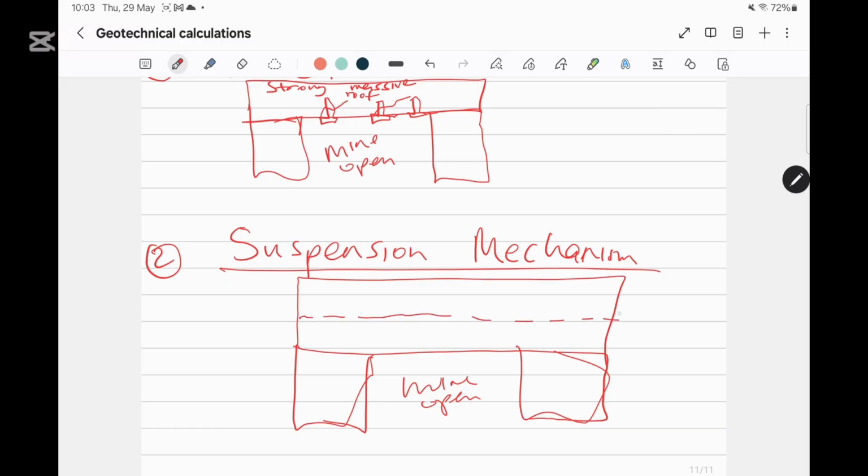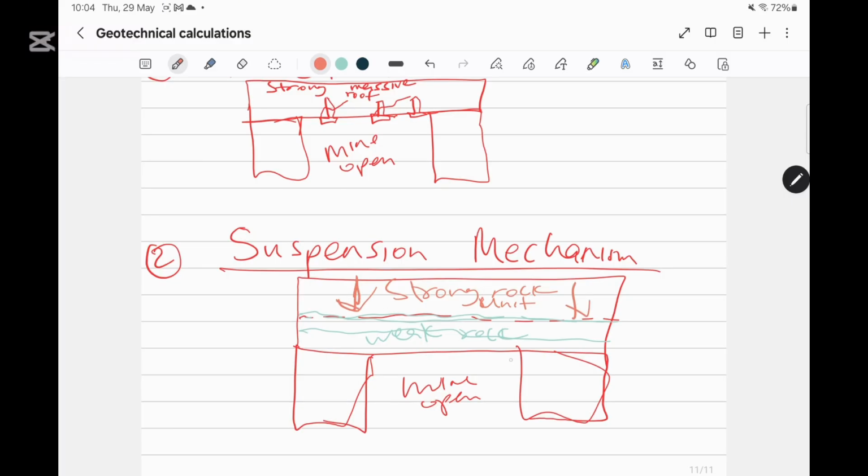Maybe let's say, to show the difference, something like this. The blue ones are our weak rock unit. Then on top, you have a strong rock unit. You see, it's lying on top of your soft rock.